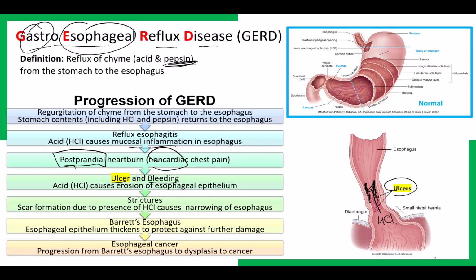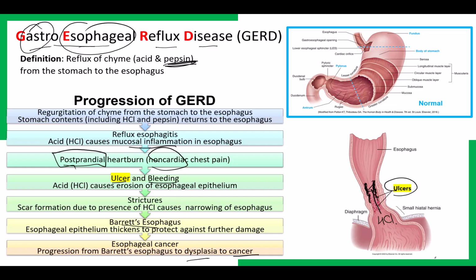And one of the things that the esophagus does in order to protect it from long-term damage from acid is it starts changing to resemble the epithelium of the stomach. And that's when it becomes Barrett's esophagus. And again, once you have Barrett's esophagus, the next step for that is dysplasia and then cancer.